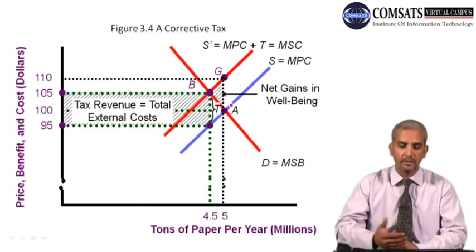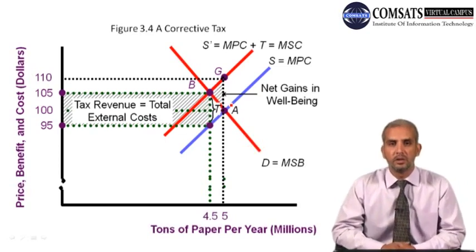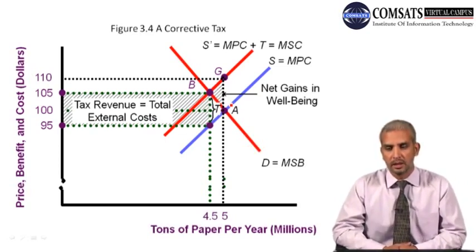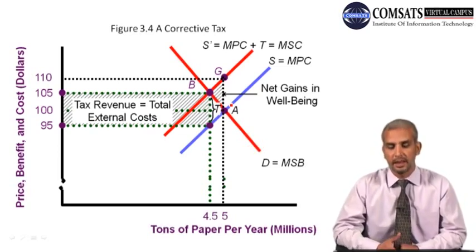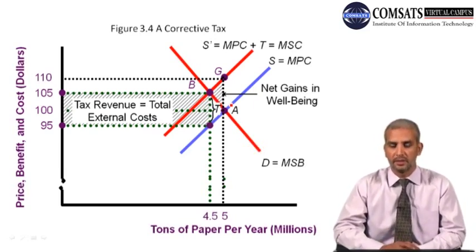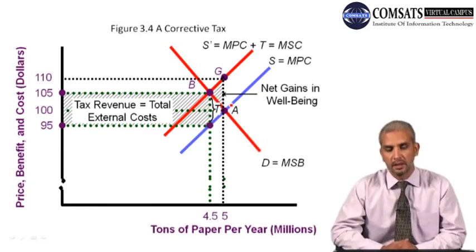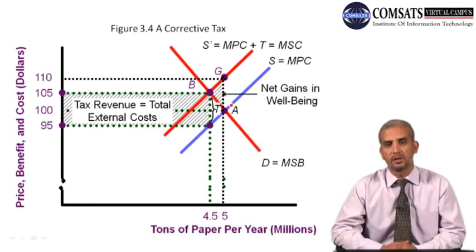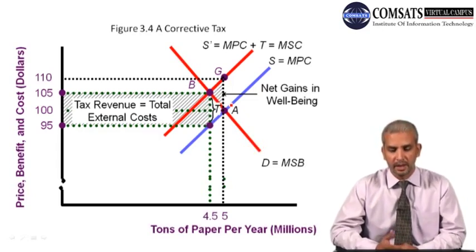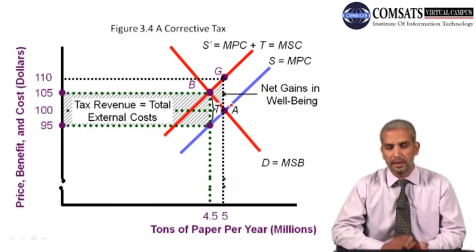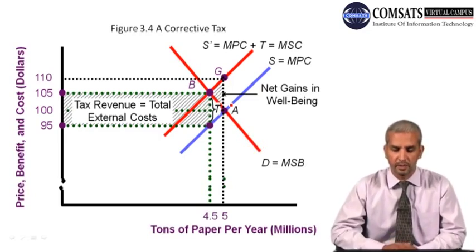Now in this case, what if the government could tax exactly equal to marginal external cost? In that case, the new supply curve would be marginal private cost plus the tax, equal to the total marginal social cost. All we have done in this graph is replace the marginal external cost with the tax, with T representing the tax by the government. It is the same example, but with tax instead of marginal external cost.